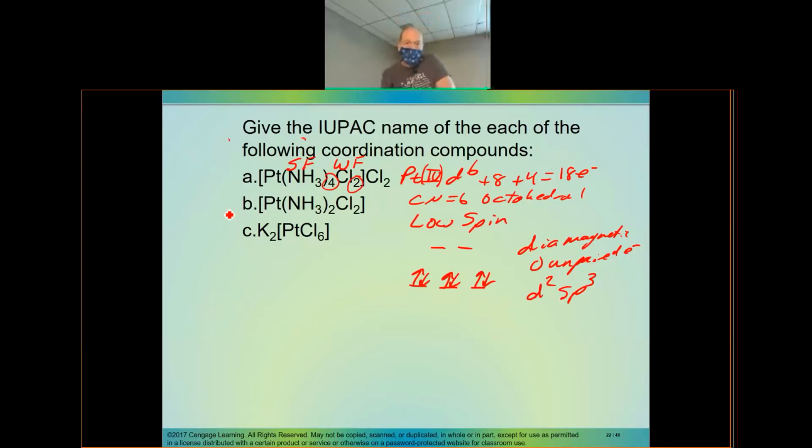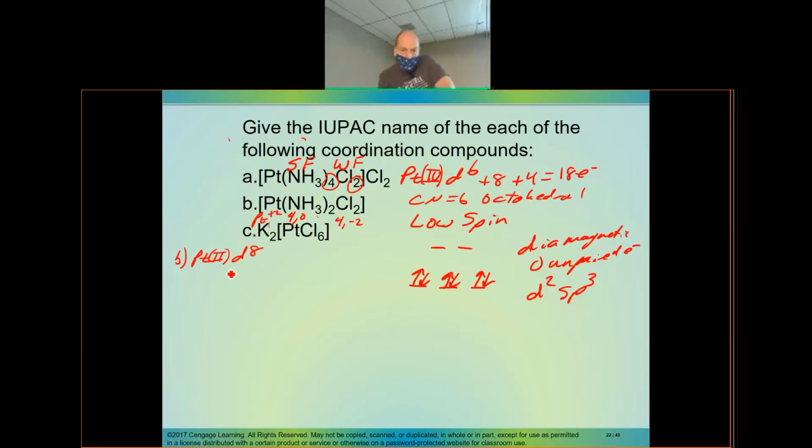Part B. Here we have NH3, which is a 2 electron, charge 0 ligand, but we have 2 of them, so that is 4 electrons for those 2 ligands. The chloride is a 2 electron, charge minus 1, so it's 4 electrons and minus 2 for the 2 chloro ligands. The platinum has to be plus 2, and that is d8.